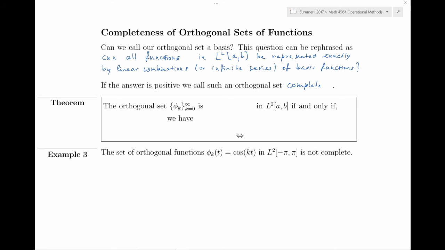And I want to just state the theorem and not bother with the proof of it, that the completeness also is linked to orthogonality.